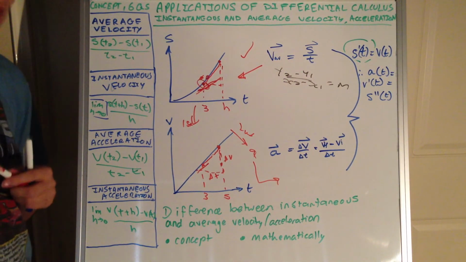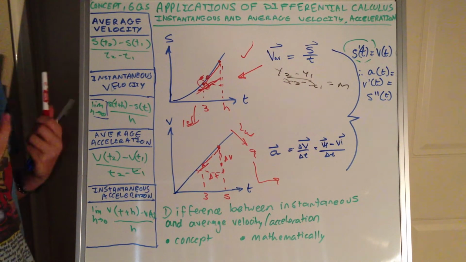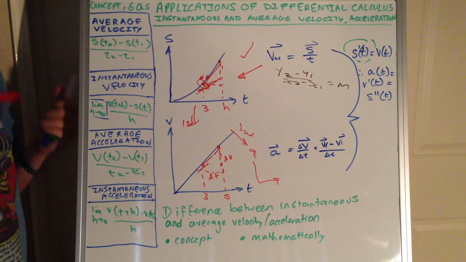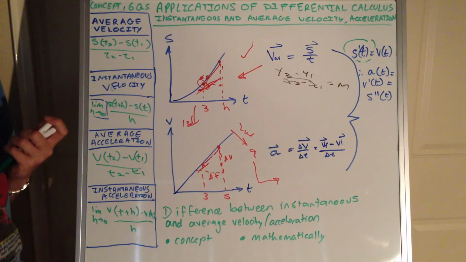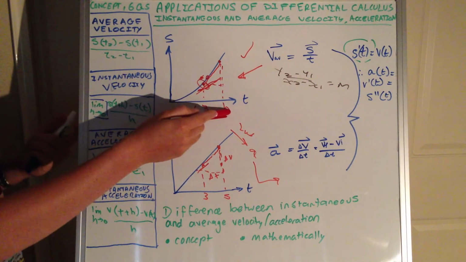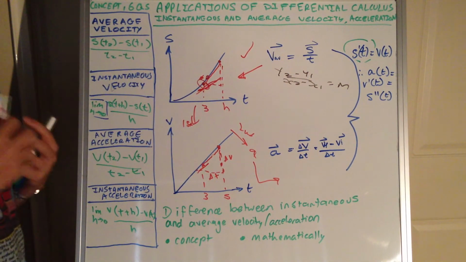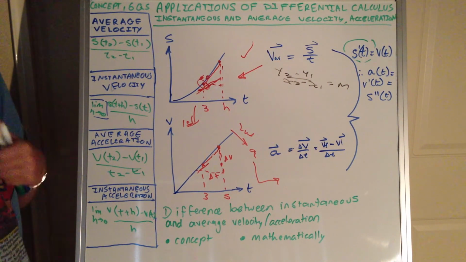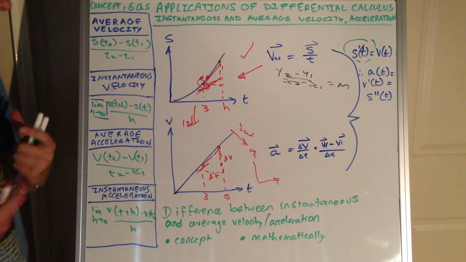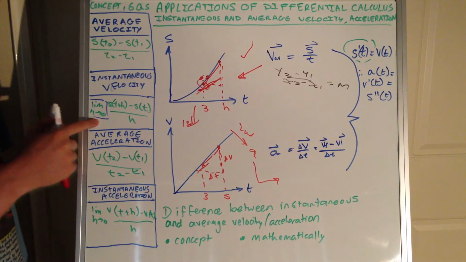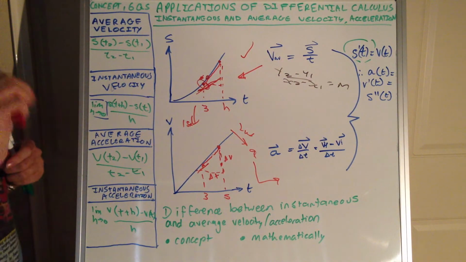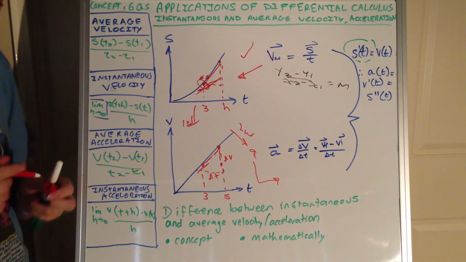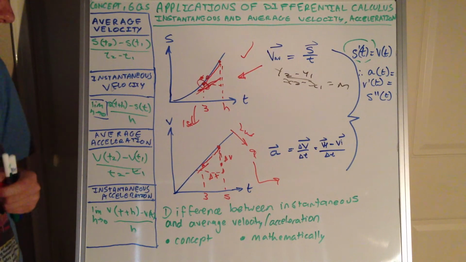So that's where it gets a little confusing, but the best thing to remember is if you're looking at average velocity, then you don't have that limit as h approaches 0 there, because if you have h as an actual point, then there will be some h involved with the actual average velocity, so your answer may have an h in it. Whereas with the limit as h approaches 0 for your instantaneous velocity, you're only looking at it at one point, and h is becoming 0 or approaching 0, so therefore you won't have an h in your answer.